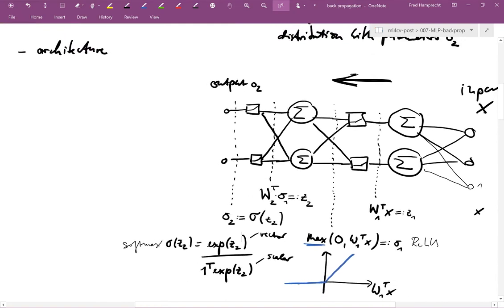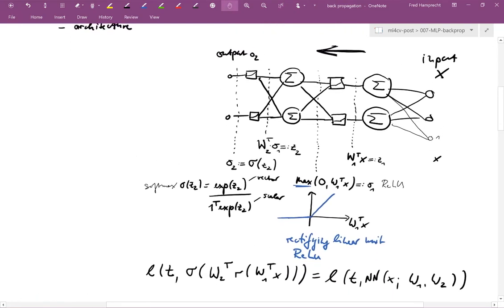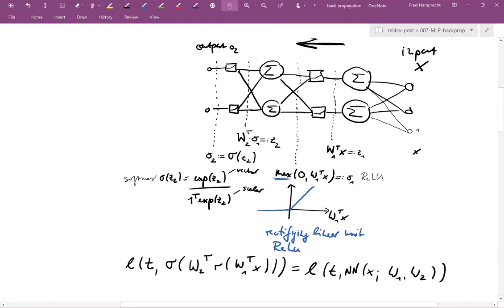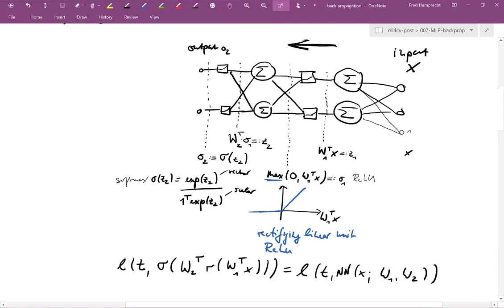Okay, so I have been explicit here in specifying my particular network, and I can alternatively write my loss as follows. So I have the loss L between my target and, here was my input, this was the linear transformation.